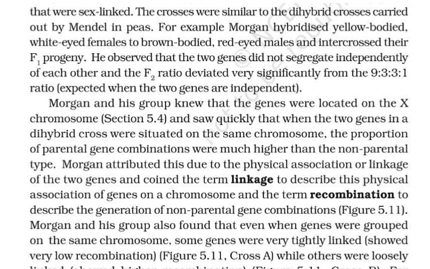Sutton united the knowledge of chromosomal segregation with Mendelian principles and called it the chromosomal theory of inheritance. Who united it? Sutton united the knowledge of chromosomal segregation with Mendelian principles and called it the chromosomal theory of inheritance. Okay.